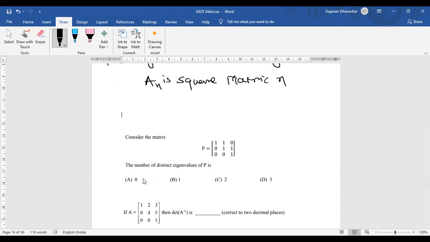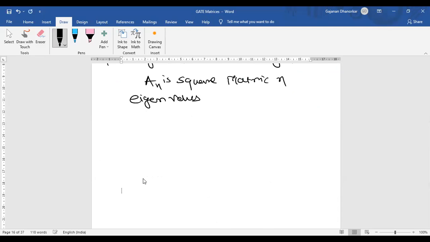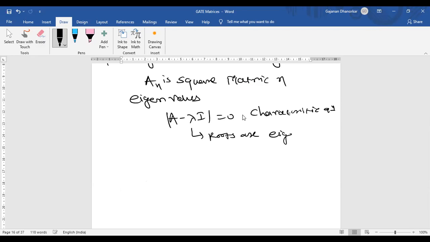If this is a square matrix of order n, then you can find eigenvalues. A minus lambda I determinant is equal to 0. You will get eigenvalue. This is called characteristic equation, and roots of this characteristic equation are the eigenvalues.